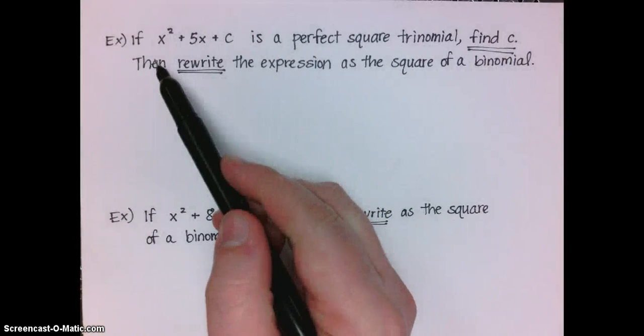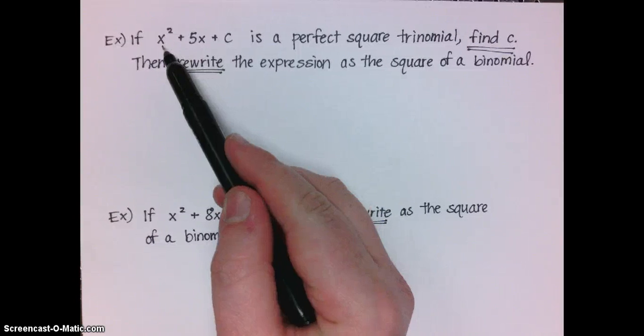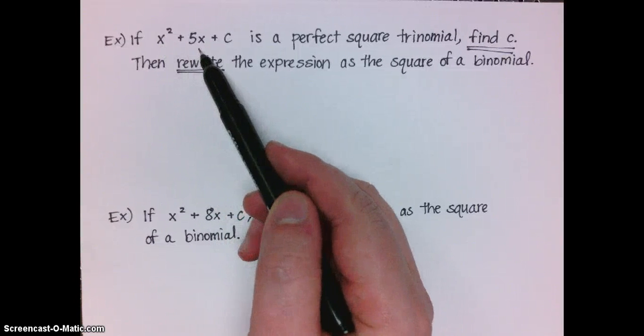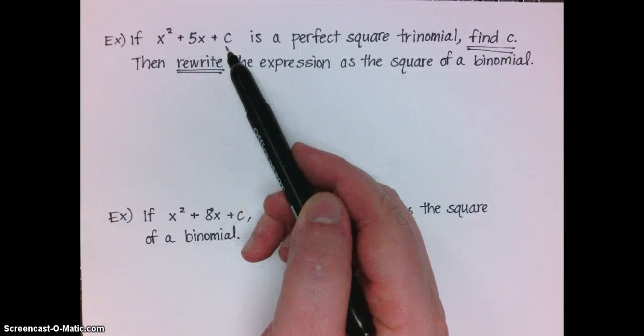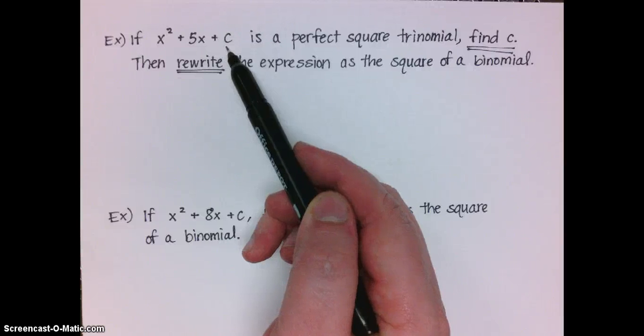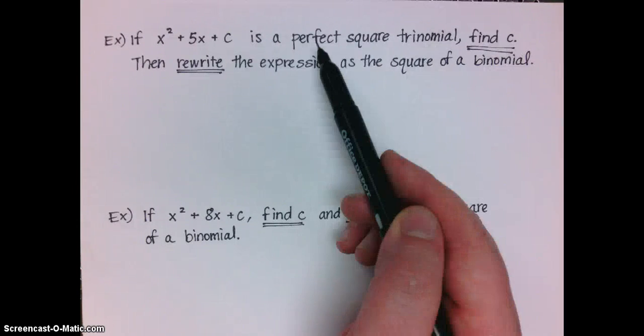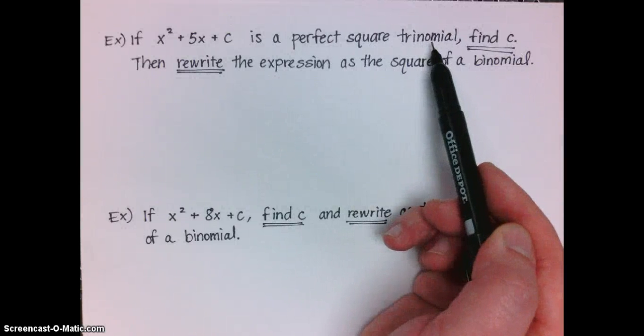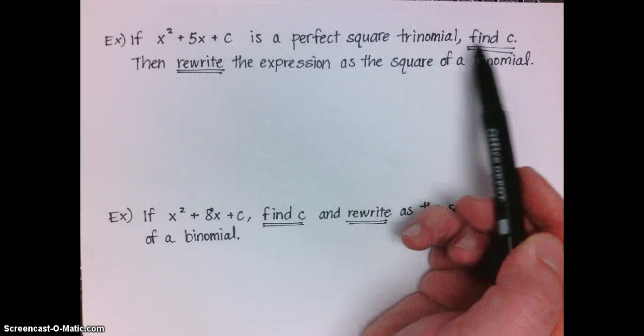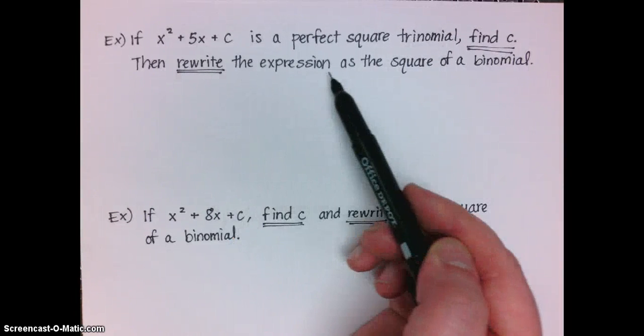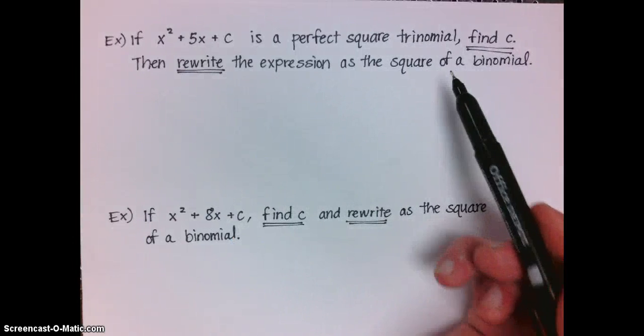So for this first one, all right, I have x squared plus 5x plus some number c. So I'm already told that I want to figure out what this c is to make it a perfect square trinomial. Okay, when I found that, then I'm going to rewrite this expression as the square of a binomial.